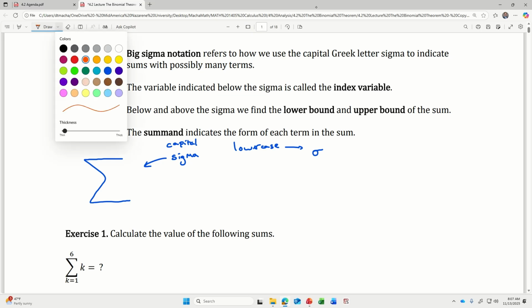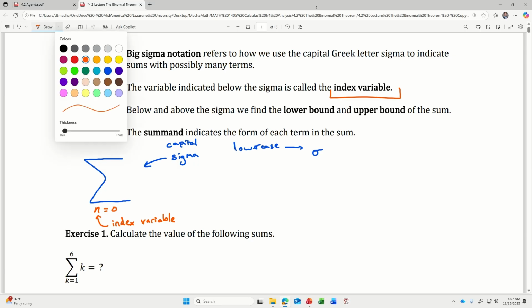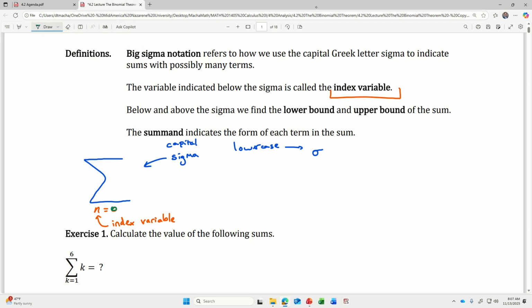When I write something like n equals 0 or n equals 1 below the sigma, this is what we call the index variable. And then with the index variable, there's a lower bound.